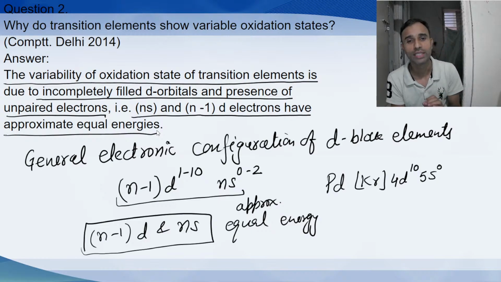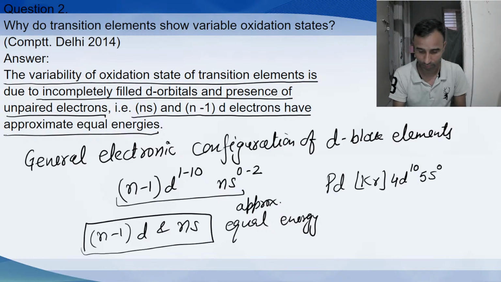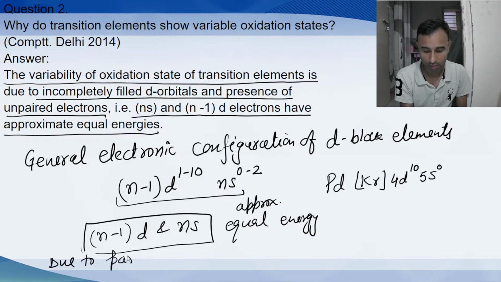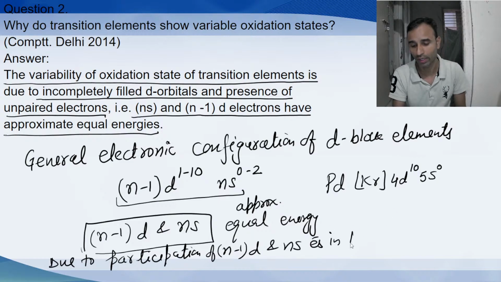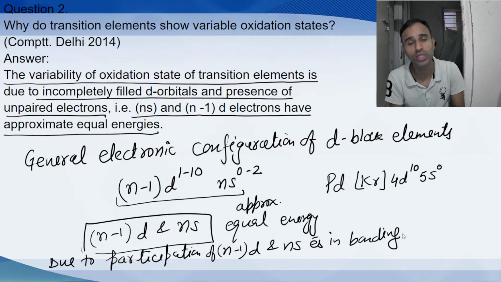Simply you can write that due to participation of (n-1)d and ns electrons in bonding, they have variable oxidation state. Both can participate because both have almost equal energy and both are treated as valence electrons.